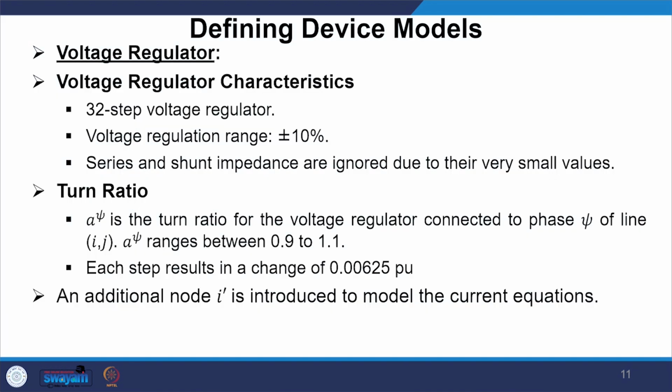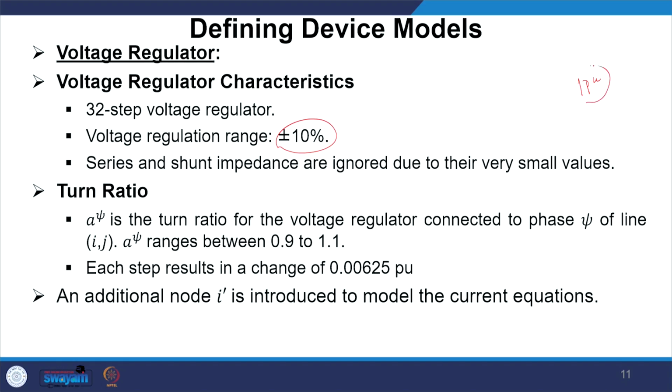Now, try to understand the voltage regulator and what a voltage regulator is. As we all know from our undergraduate studies, it is basically a 32-step voltage regulator, and if you haven't learned it, probably this is the first time for some of the learners. So, there are 32 steps through which the voltage is regulated, and the range of voltage regulation is close to plus or minus 10%. Am I right?